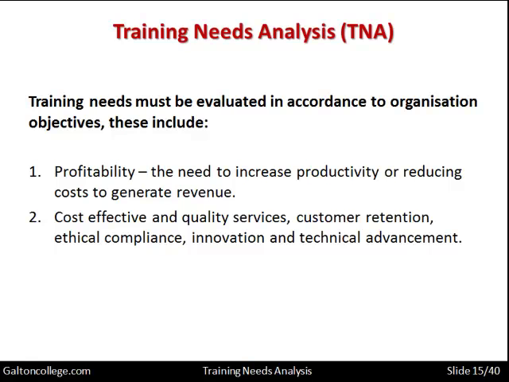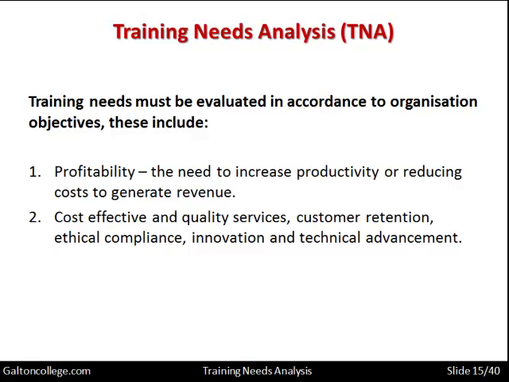Cost-effective and quality services, customer retention, ethical compliance, innovation and technical advancement. Well, there's a list of terms, and all of them are related to training. All of them are related to the ability of the workforce to effectively deliver on their own particular requirements.